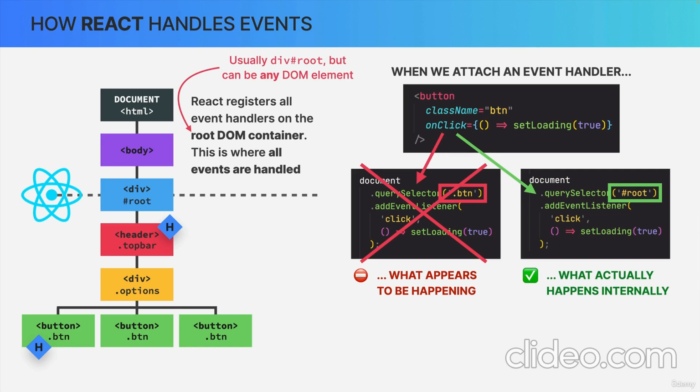So again, instead of selecting the button where we actually placed our event handler, we can imagine that React selects the root element and then adds all our event handlers to that element. And I say imagine because the way React does all this behind the scenes is actually a lot more complex than this, but that's not really worth diving into here.